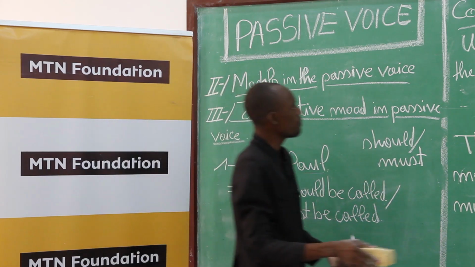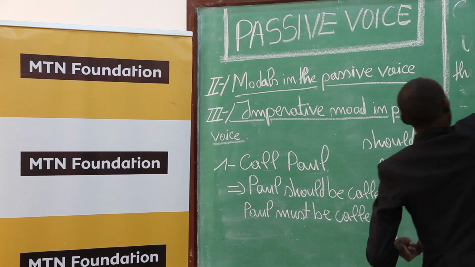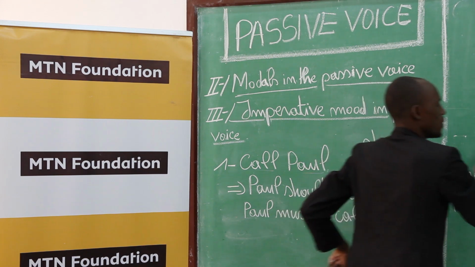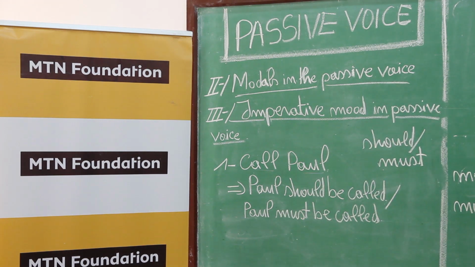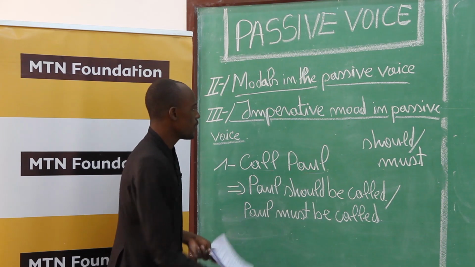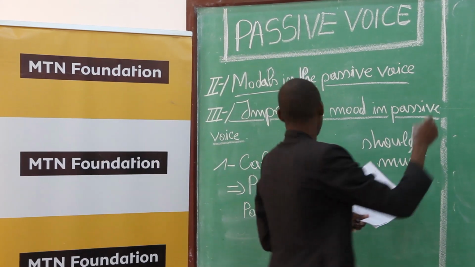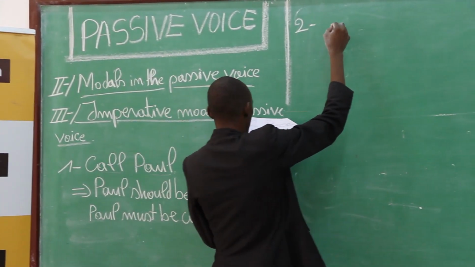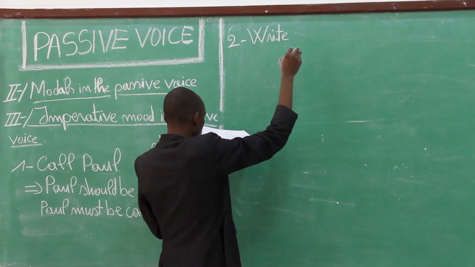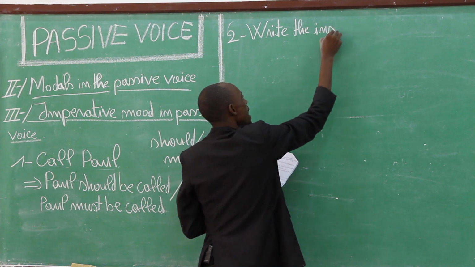Now, let's take another example before concluding this part, before giving you the structure. Here we are talking about imperative mood in passive voice. Let's take another example. We have another example to write: the instruction.